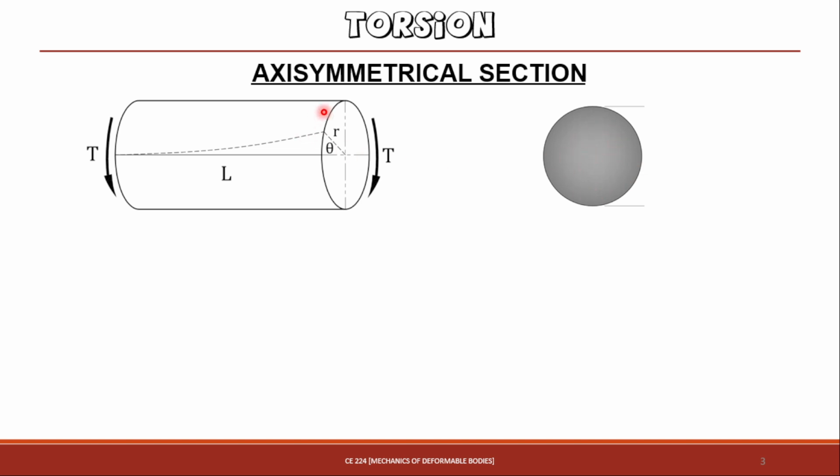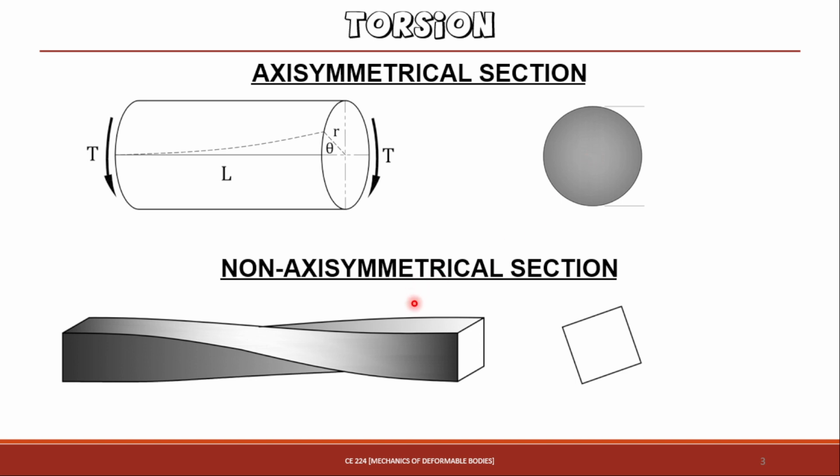Okay? So for example, itong circular section natin, pag ni-rotate natin yan, it will remain a circle. Okay? Hindi magbabago yung dimensions niya and so on and so forth. And mostly yung moment of inertia niya.